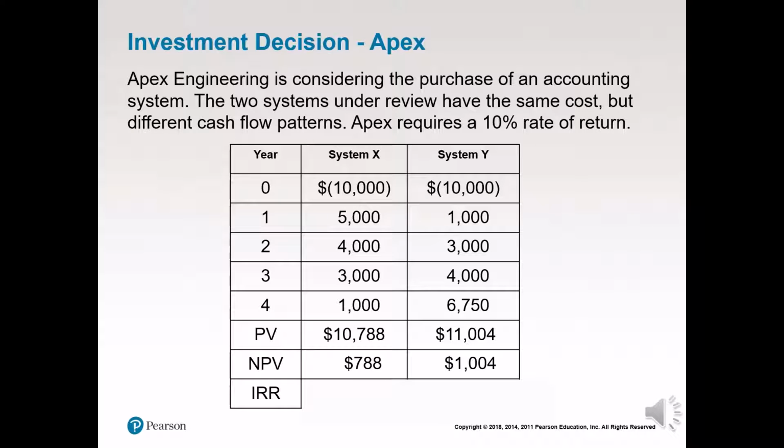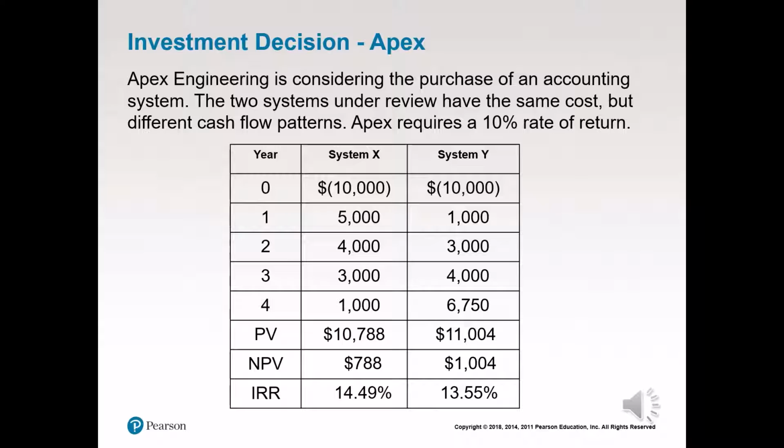But if the IRR is less than the project's cost of capital, we're going to reject the project. Here's the rationale. You never want to take on a project for your company that returns less money to you than you're paying to borrow. That's your cost of capital. Let's take a look at the IRR.